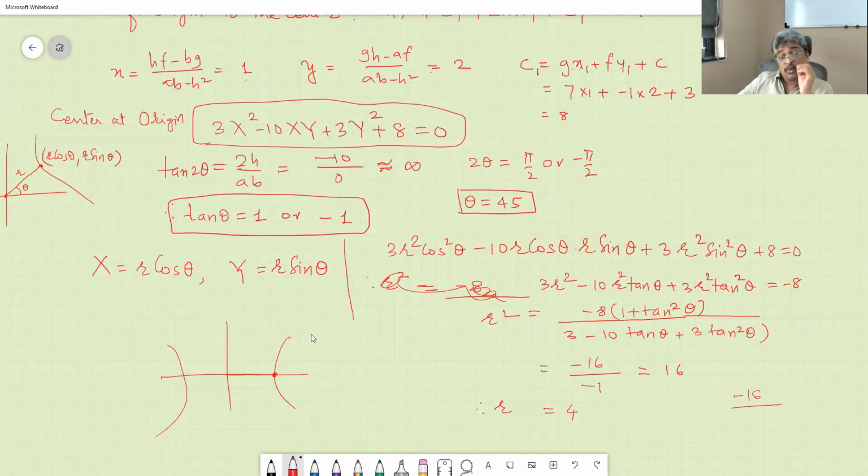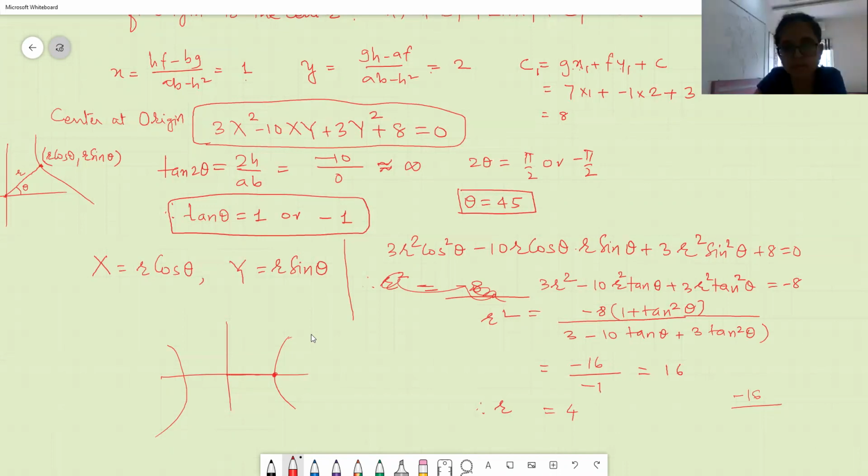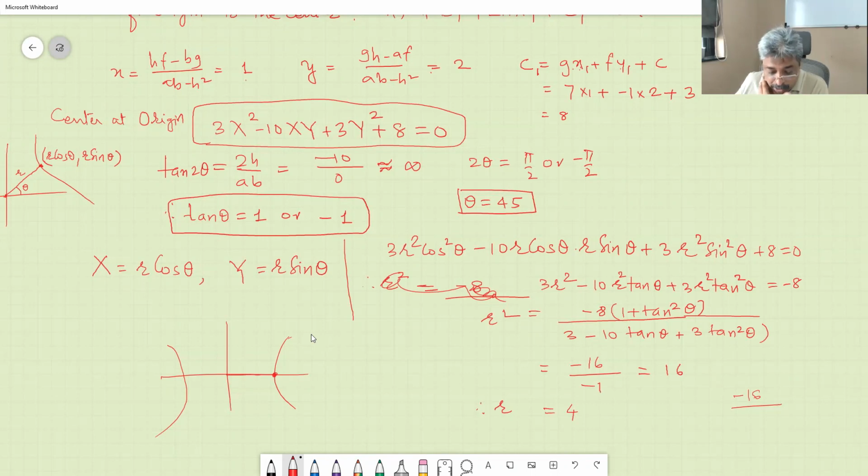So it becomes how much? 16. No, if we substitute tan theta is equal to minus 1, then we get 16 in the denominator, and hence you get R square is equal to minus 1. That is correct, because that is the imaginary distance of conjugate hyperbola that we are going to get.